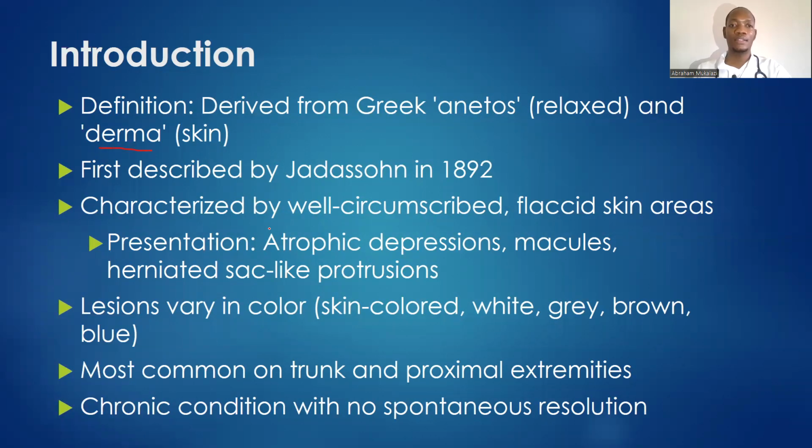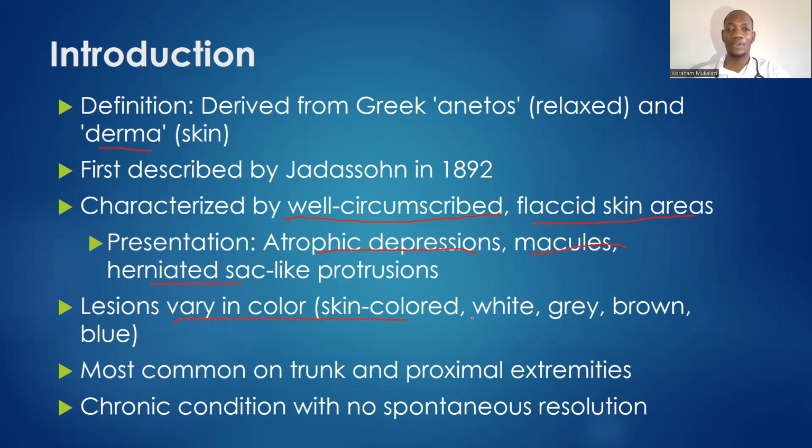In this case, someone will present with well circumscribed flaccid skin areas, and the picture will give you atrophic depressions, which can be macules, which can end up appearing like herniation sacs protruding through the skin. These lesions can vary in color, but most times they are skin colored.